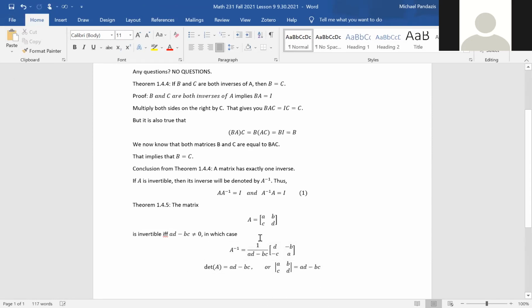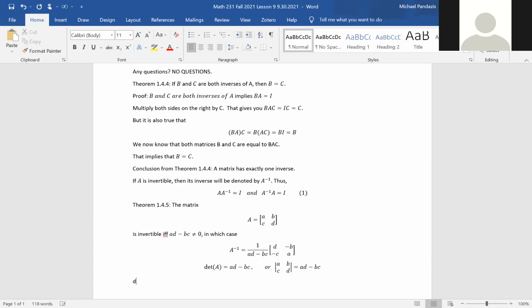So when you have your matrix A, you could say the determinant of A is equal to AD minus BC, or instead of the brackets around that matrix, you could put vertical lines. That means you're taking the determinant of that matrix, which is still AD minus BC.